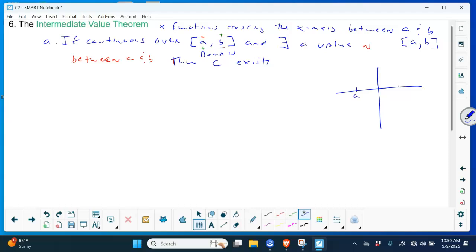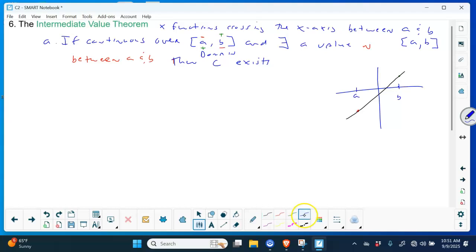If A is here and B is here, if the A value is negative and the B value is positive, then this thing must have crossed the x-axis. I mean, that's all we're saying. So please, don't try to make this confusing.